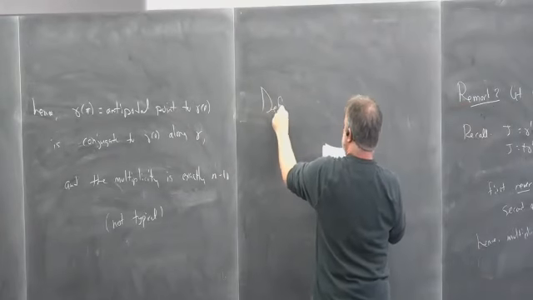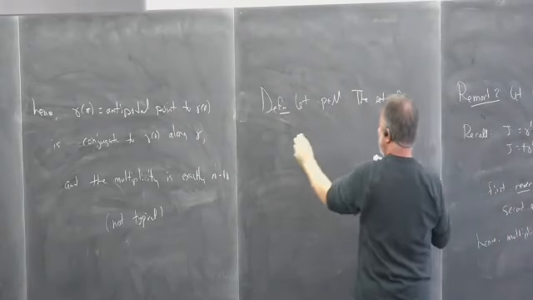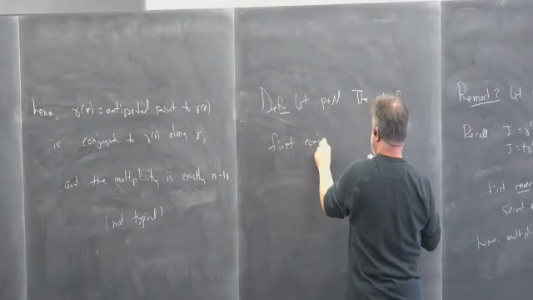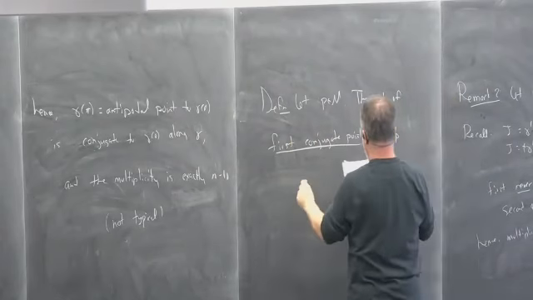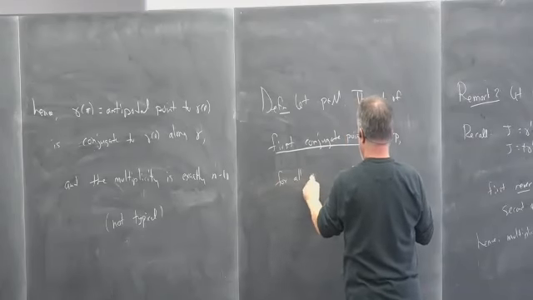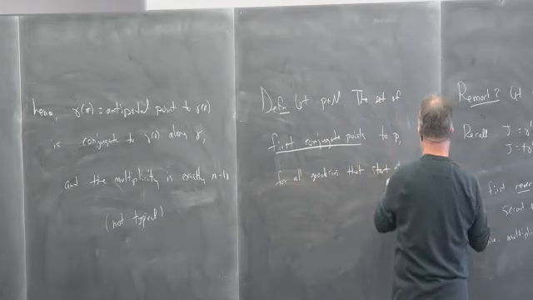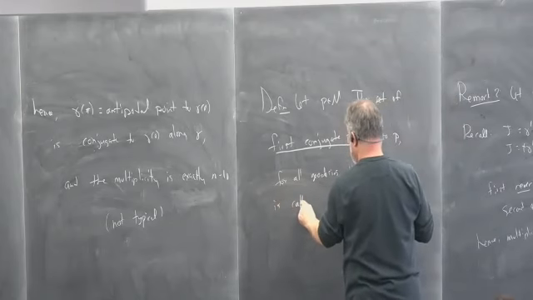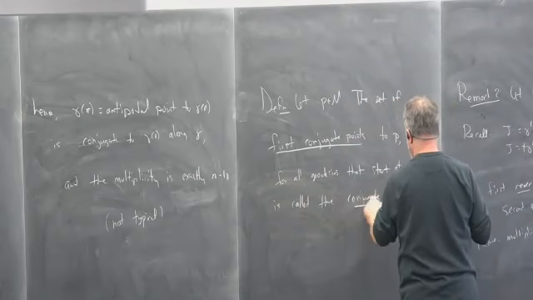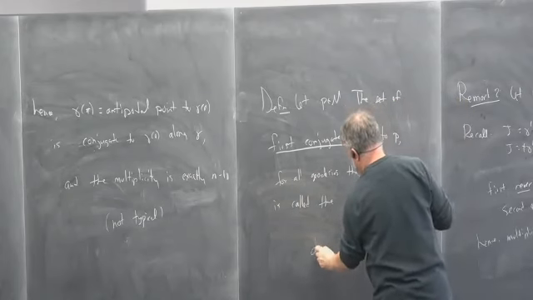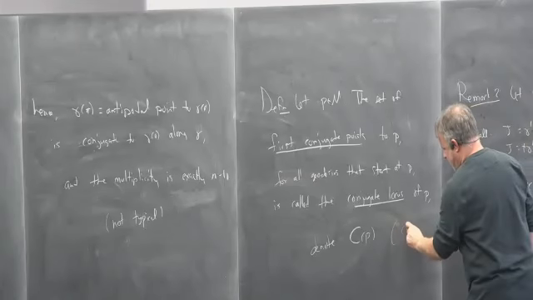Okay, so definition, let P be a point in M. The set of first conjugate points, I'll explain this in a second, first conjugate points to P for all geodesics that start at P is called the conjugate locus of P, and it's denoted C of P. Okay, just some set, which could be empty.